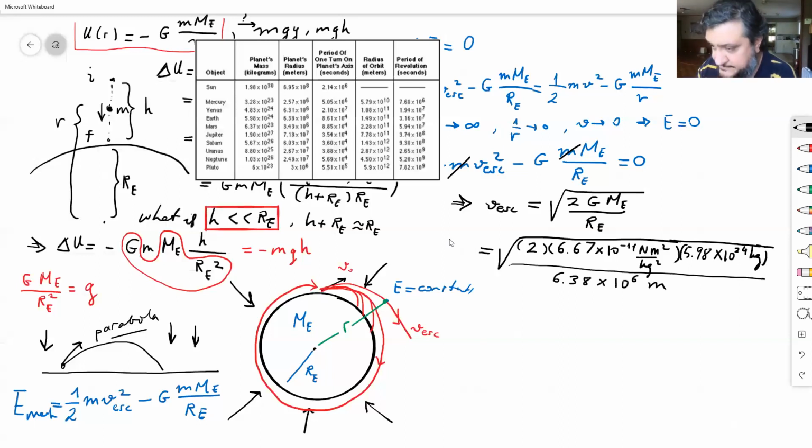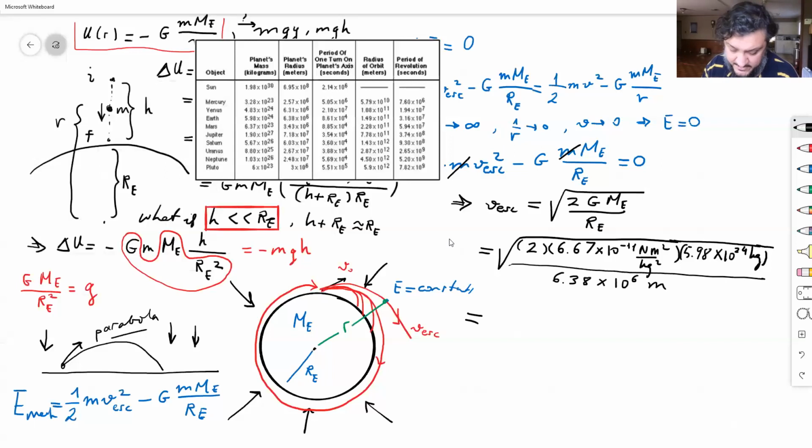Okay, so punch in the numbers now. 2 times 6.67 times 10 to the negative 11, times 5.98 times 10 to the power 24, divided by 6.38 times 10 to the power 6.